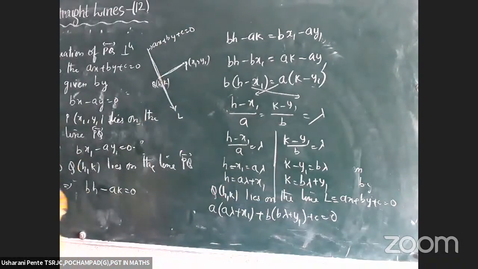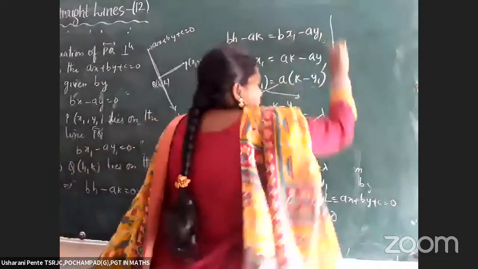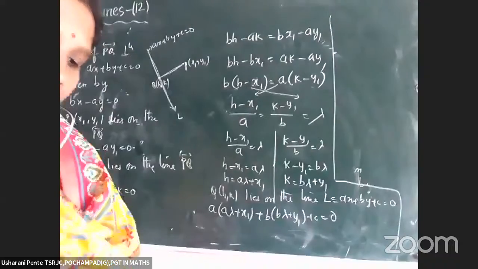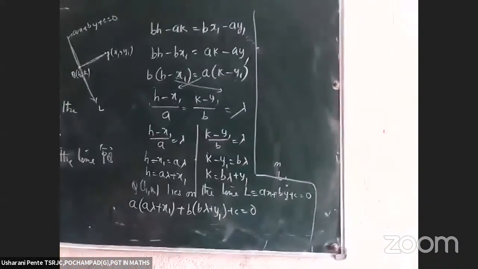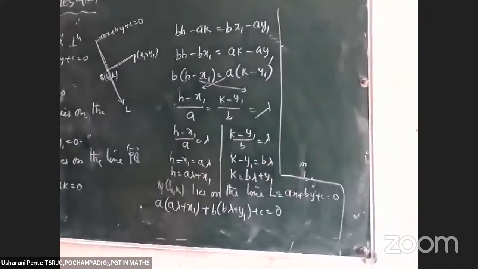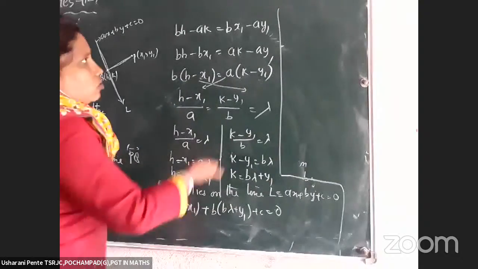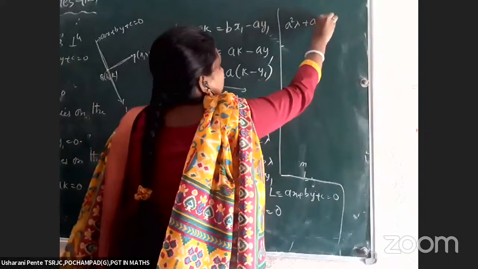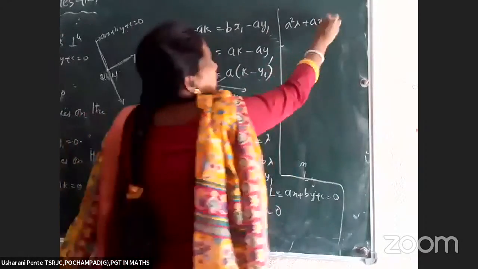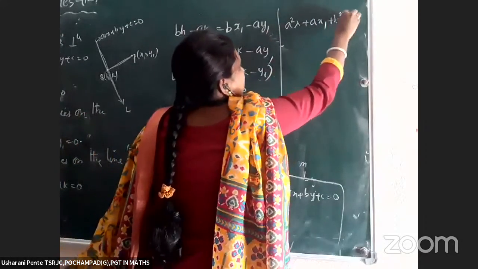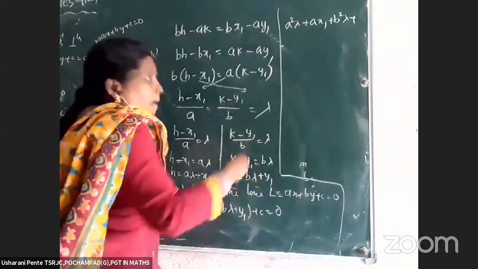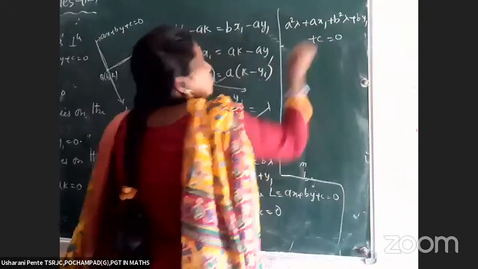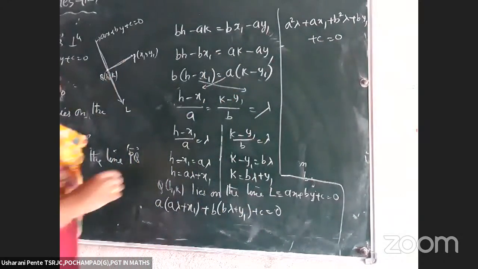Then we get a square lambda plus ax1 plus b square lambda plus by1 plus c is equal to 0.